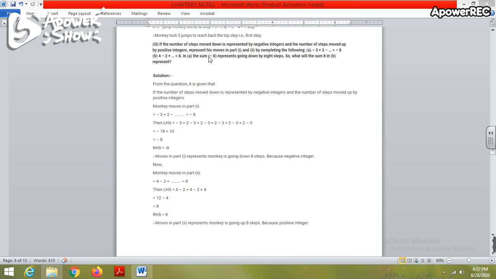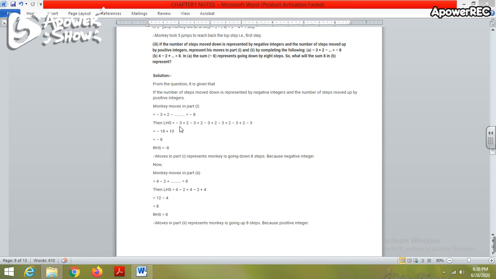In part 1, the monkey is jumping 3 steps downward and then 2 steps upward. So the downward steps are represented by a negative integer, so -3, and the upward steps by a positive integer, so +2.